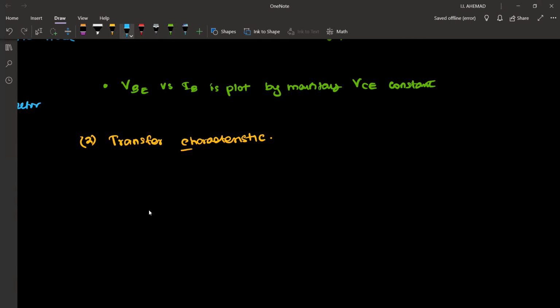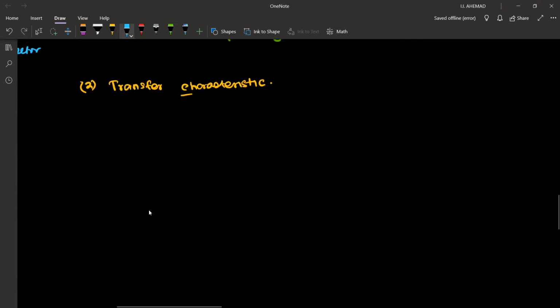If we plot IC versus IB, initially when there is no IB current, there is no IC current.